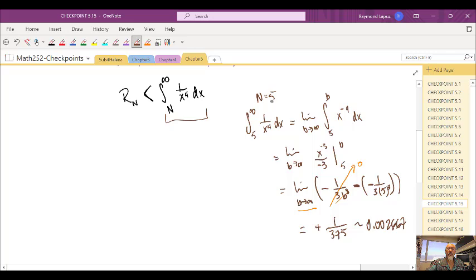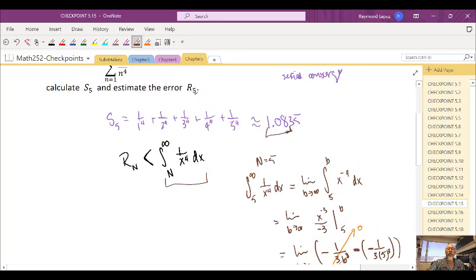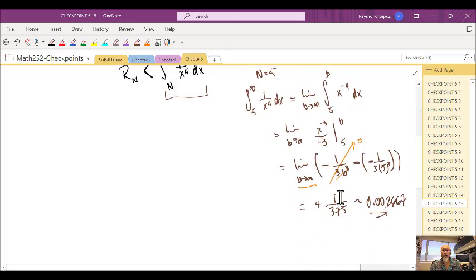If we imagine N getting larger and larger, we're going to have more zeros here. We are precise up to 2 decimal places, so we can say that this estimate for the partial sum, 1.08, is a good estimate for the whole series that goes off to infinity, at least to 2 decimal places. All right, I hope that helps. Good luck.